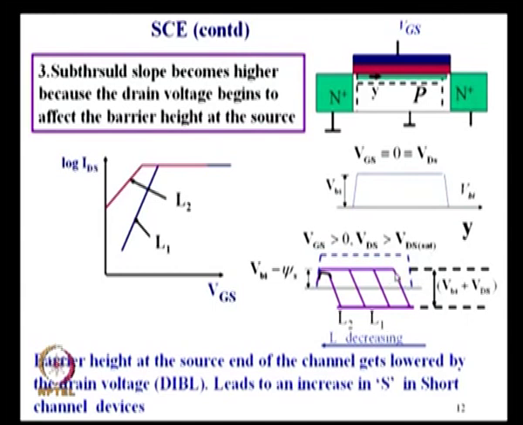Now, if the depletion layer occupies a good portion of the channel, okay, shorter channel, instead of saying shorter channel, I will say lower doping. This is the depletion layer encroaching. See, this is the edge of the depletion layer here. If I increase the voltage, it is here. If I increase further, if it is reaching very close to the source end, it merges, and it will reduce the barrier height here completely.